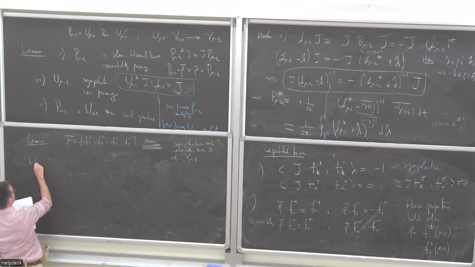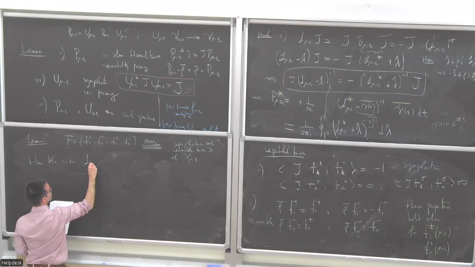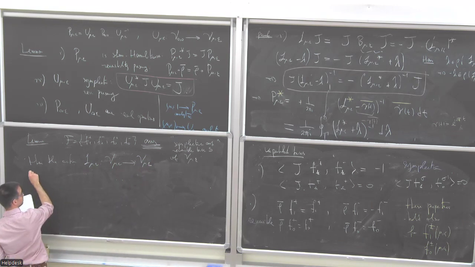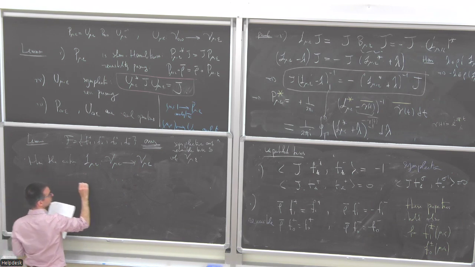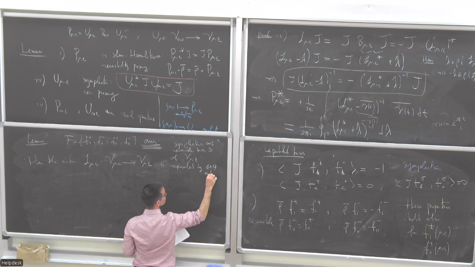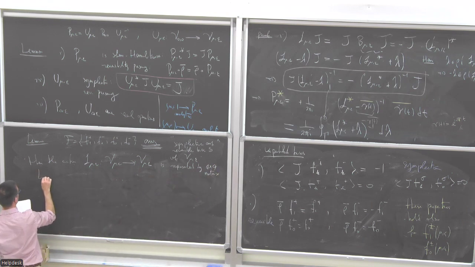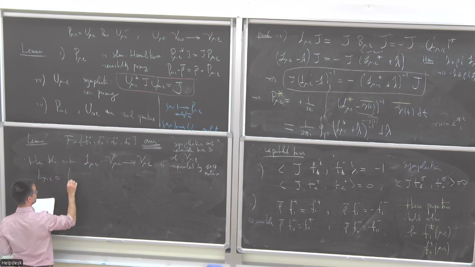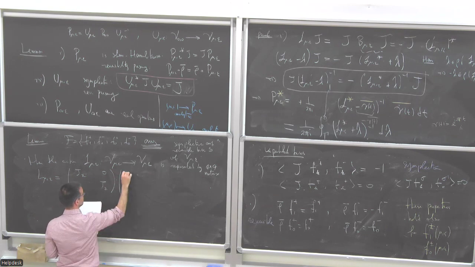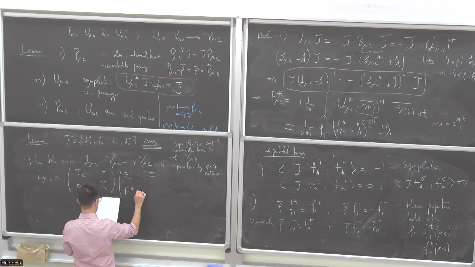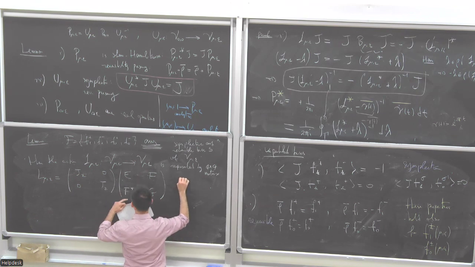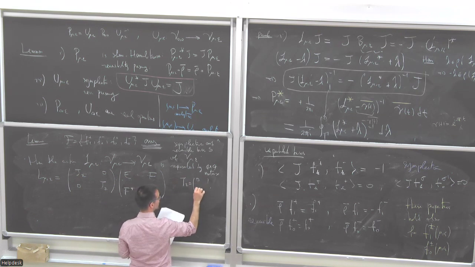Then the action L mu epsilon from V mu epsilon into V mu epsilon is represented by a 4 times 4 matrix of the following form: L mu epsilon equals J2, 0, 0, J2, and E, F, F star, G, where J2 is the 2 times 2 matrix 0, 1, minus 1, 0.